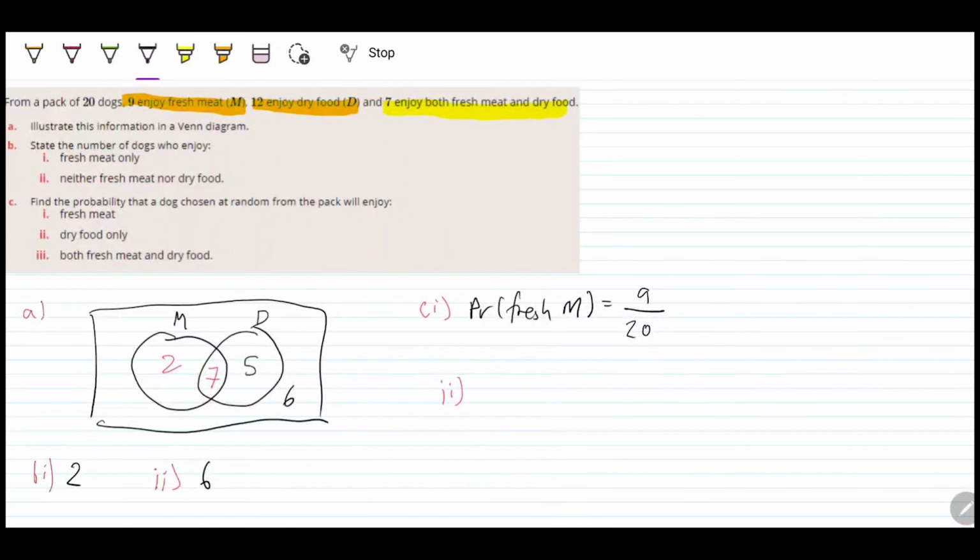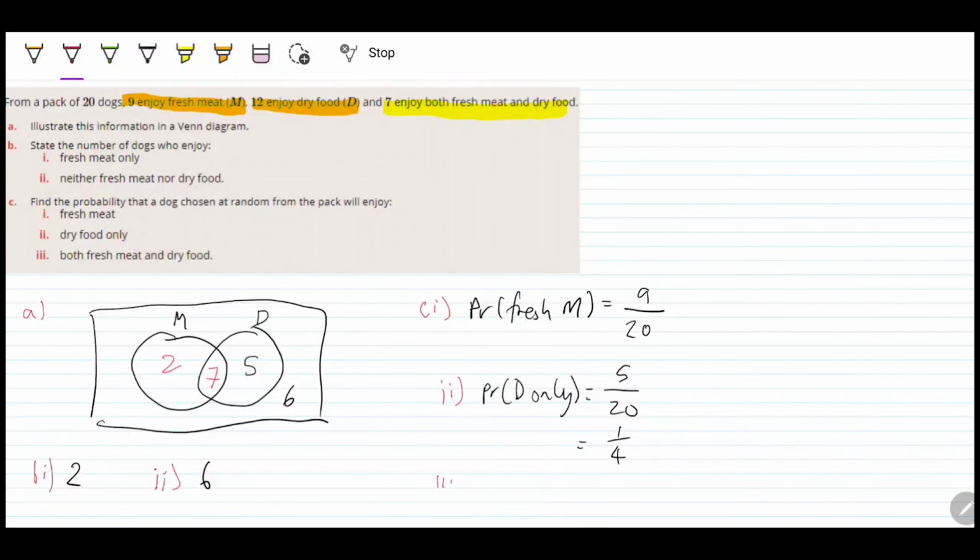Okay, so for CII, this is asking us to find the probability that a dog chosen at random from the pack will enjoy dry food only. So for dry food only, this is going to be the probability of D only, which will give us 5 over 20. We can simplify this to 1 over 4.